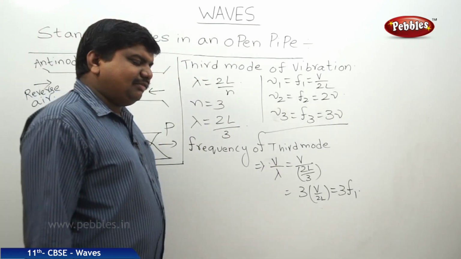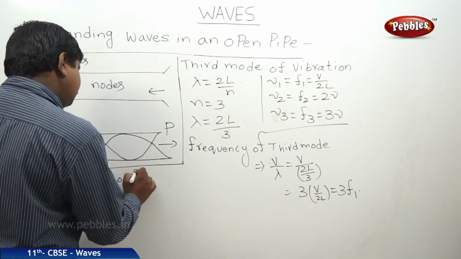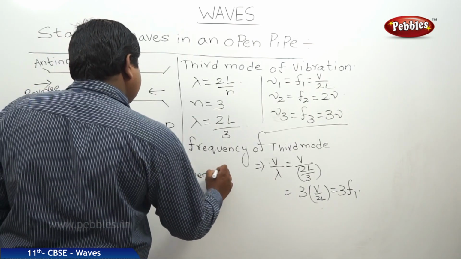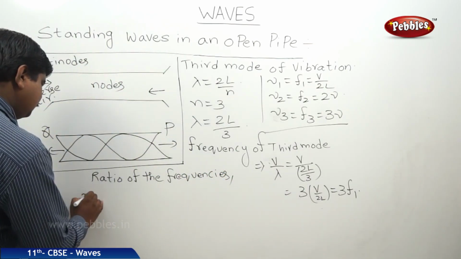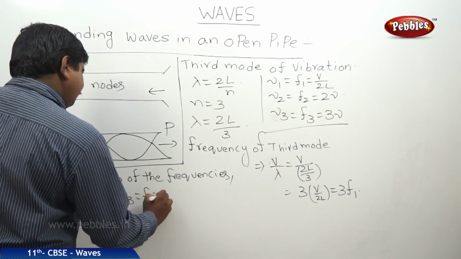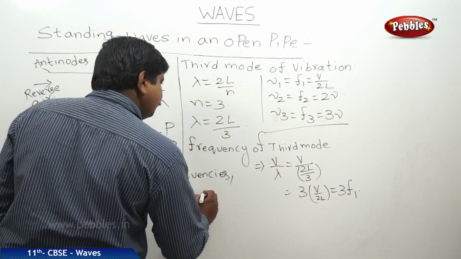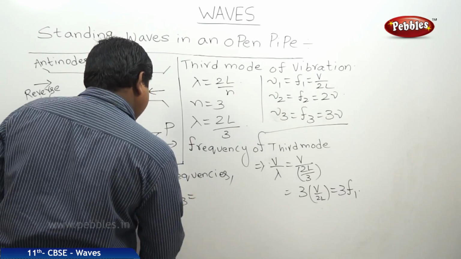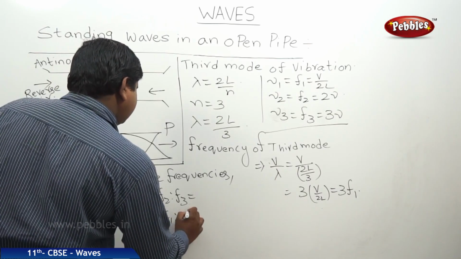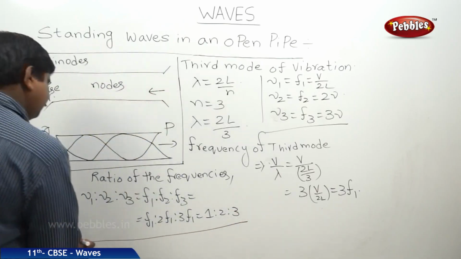So the ratios of the frequencies: nu1 is to nu2 is to nu3, or F1 is to F2 is to F3, is F1 is to 2F1 is to 3F1, that is equal to 1 is to 2 is to 3.